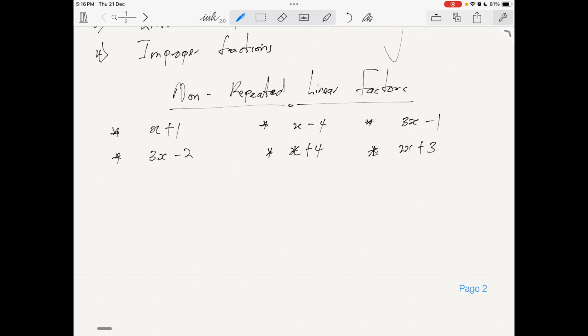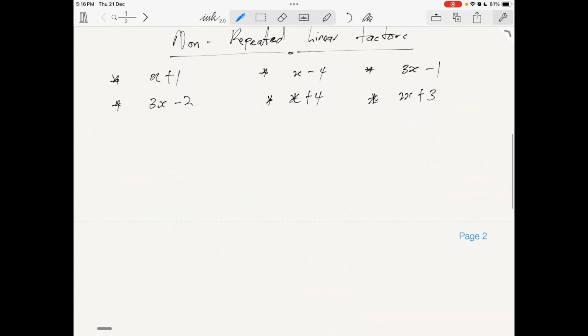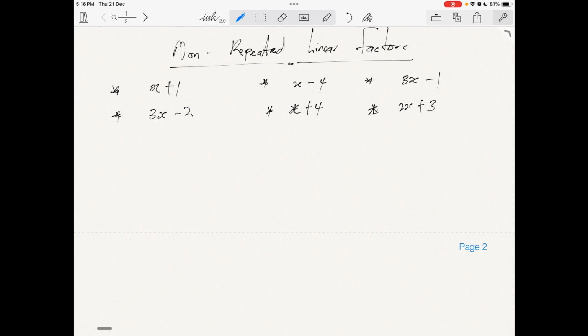So in order to solve this generally, let's say we have two factors. Let's assume we have the question 2x plus 3 divided by x plus 1 and x plus 4.